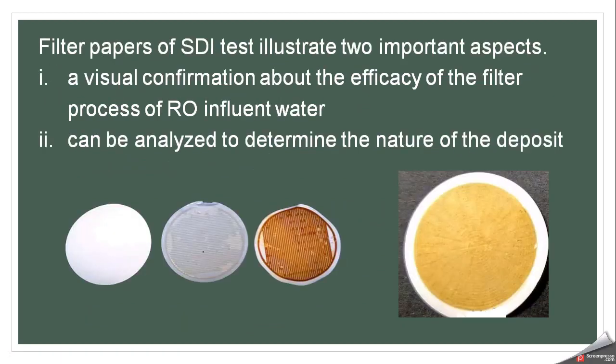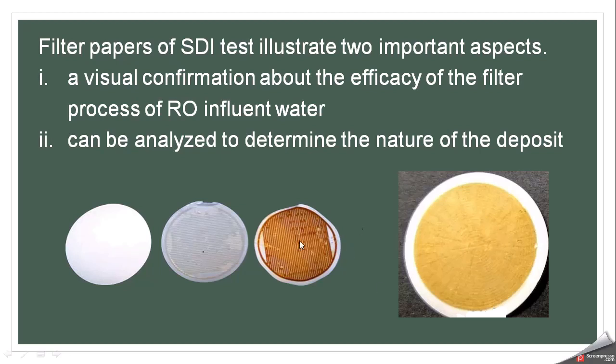Now these are the filter papers obtained during tests by someone else who performed these tests. I took them from them. Filter papers of the SDI test. This one is clean. This one is partially fouled. It has some SDI value, and this is a completely fouled filter paper, and this is another example.